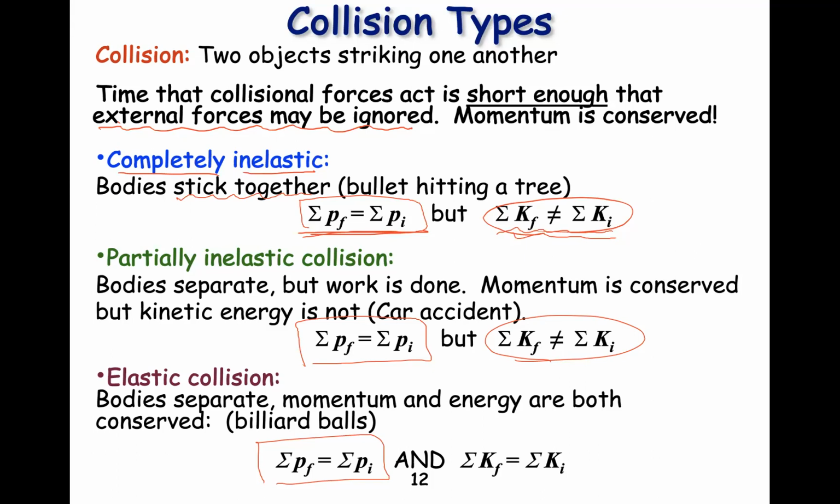If the objects do bounce apart from each other, but they are real life objects, they will still tend to absorb and dissipate some amount of the kinetic energy. Okay, but they don't soak up as much of the kinetic energy as when the objects stick. We call that just generically an inelastic collision, right? Or here it's called partially inelastic. Okay, when you hear the term completely inelastic, they're referring specifically to things sticking, right?